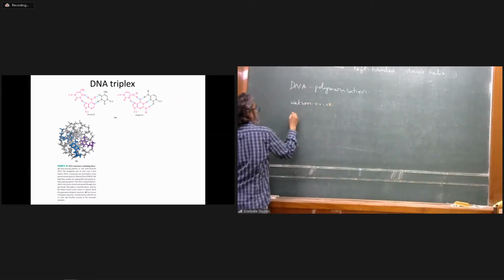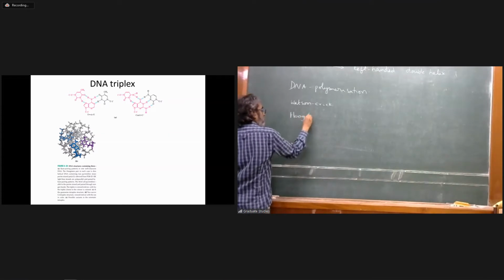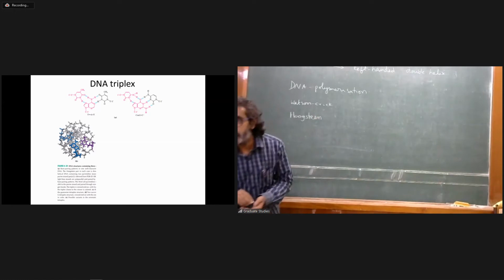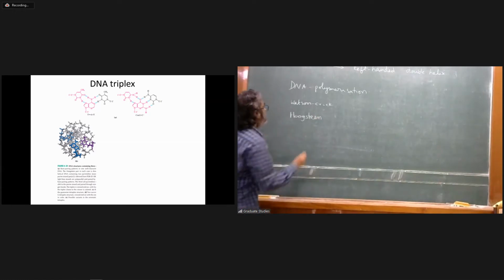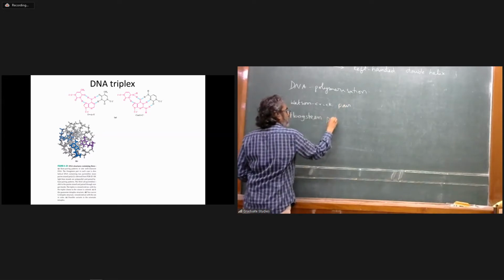So this is called Hoogsteen's scheme. Okay, Watson-Crick pair versus Hoogsteen's scheme pair.